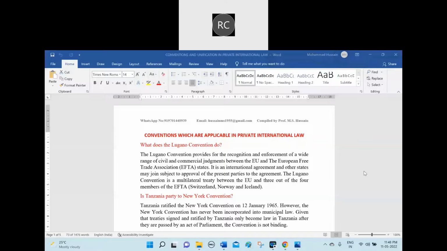Yes. Why is this Lugano Convention needed? It is needed for the recognition and enforcement of a wide range of civil and commercial judgments between the European Union and the European Free Trade Association, EFTA. The EFTA states are clearly mentioned: Switzerland, Norway, and Iceland. It is an international agreement, and other states may join subject to the approval of the present parties.